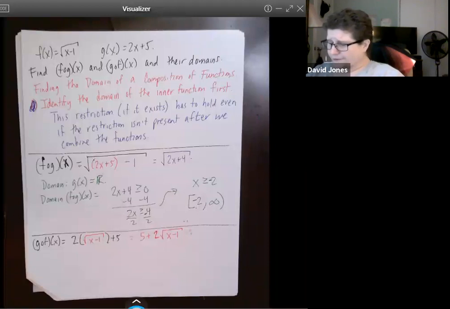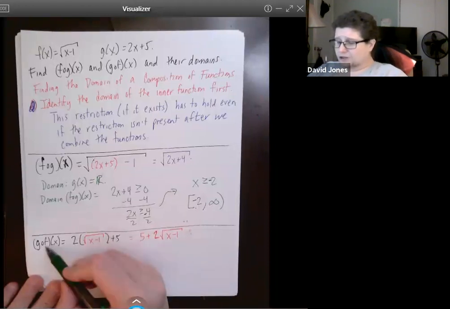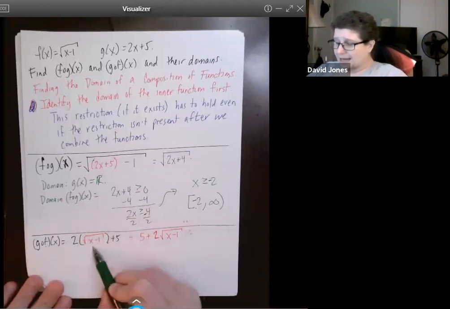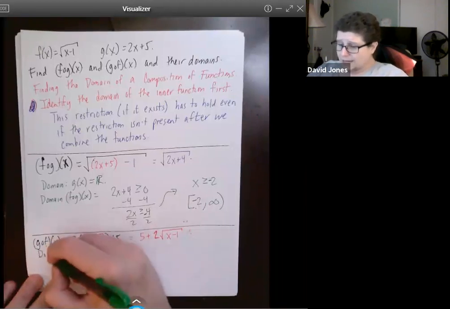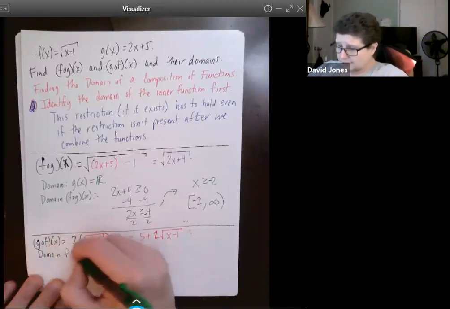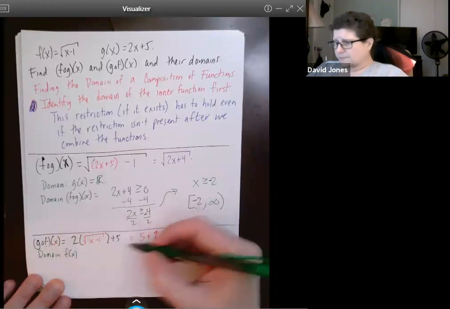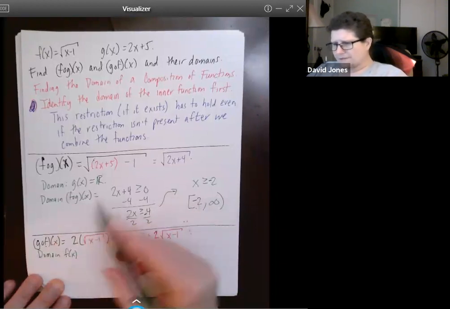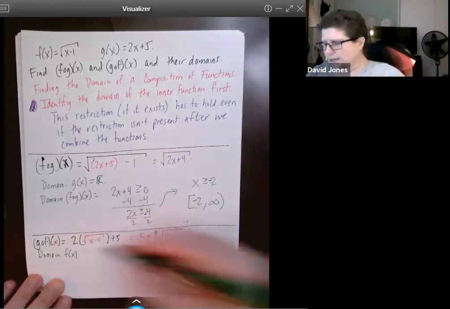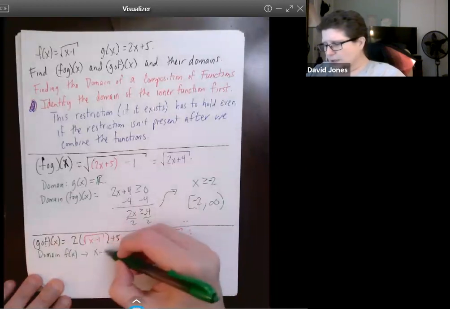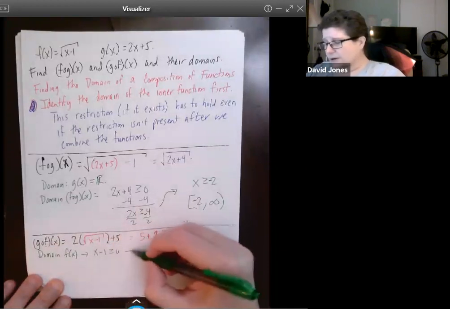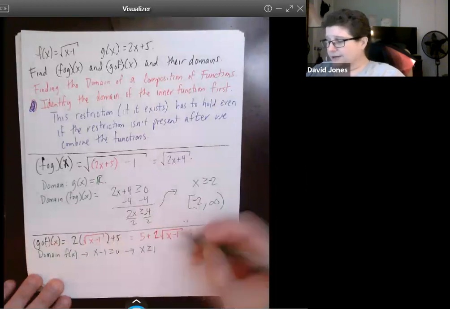So first we find the domain of the inner function, the one that goes inside g. The domain of f: well, f of x is the square root of x minus 1. We need x minus 1 to be greater than or equal to 0, which says x is greater than or equal to 1.